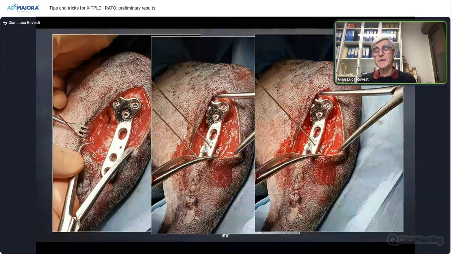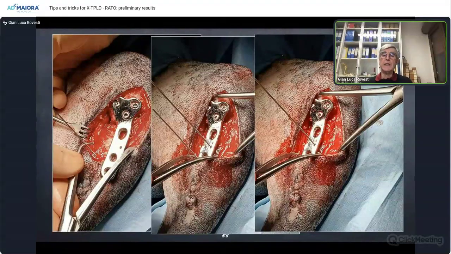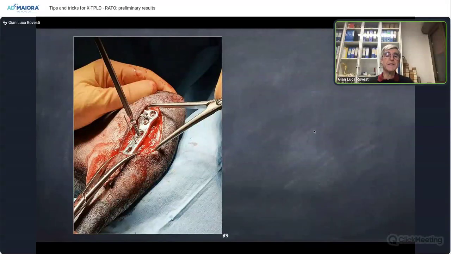Why? Because now we should insert this screw that is a compression screw in this compression hole, DCP style compression hole. And it's very important that this screw will be inserted parallel to this K-wire. Why? Because if the screw has an angle, while we are tightening it, it will rotate the plate.